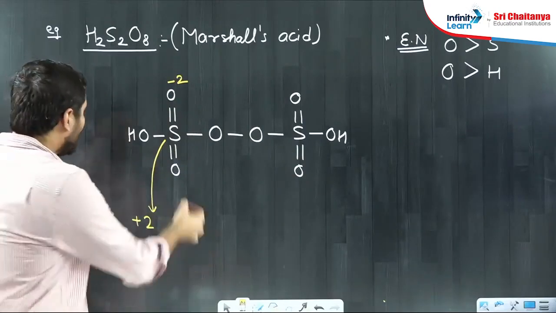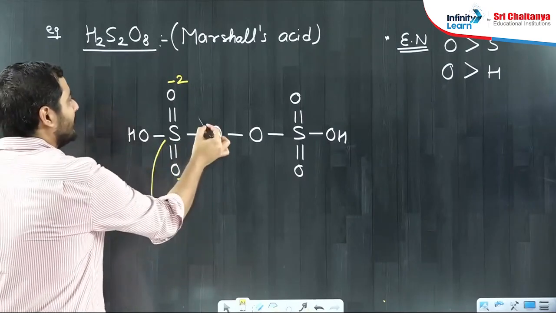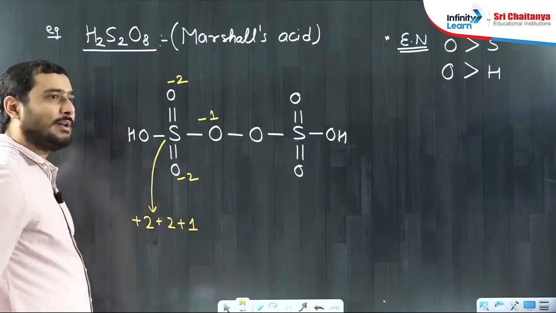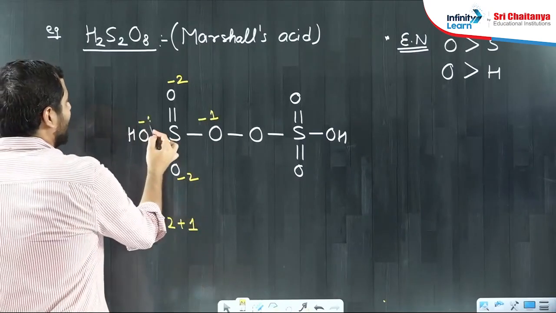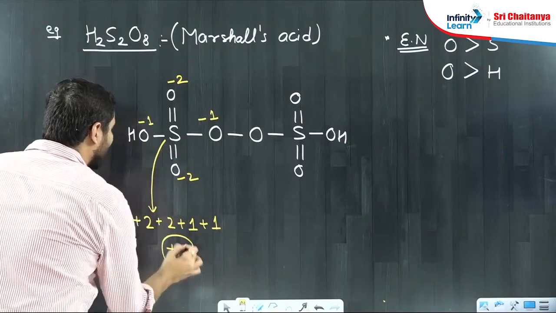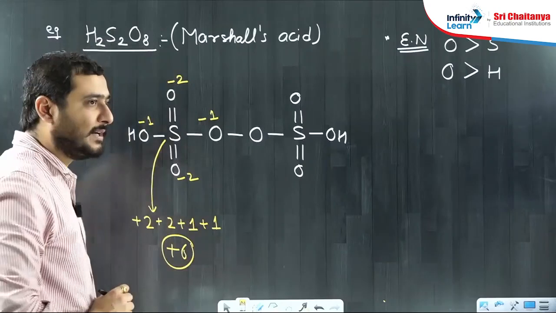Clear? Here again a double bond: -2 and +2. For the single bond, this oxygen will get -1 and sulfur will get +1. Here also a single bond, -1, and sulfur will get +1. So after breaking all the bonds, we get +6.